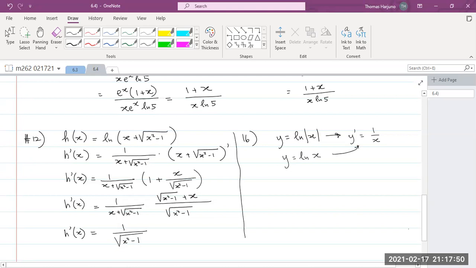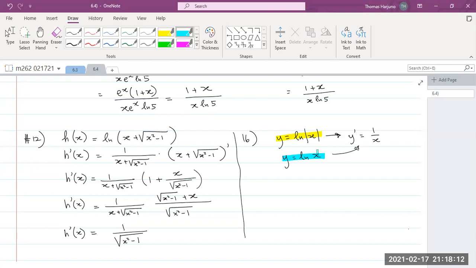The derivative is the same. Can anybody tell me the difference between these two functions, the yellow one and the blue one? What's the difference?